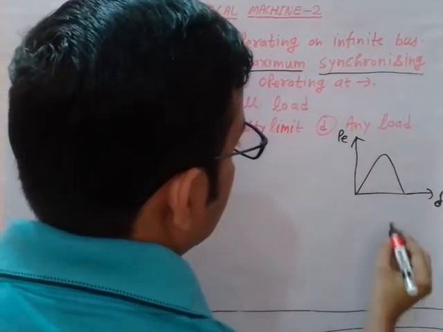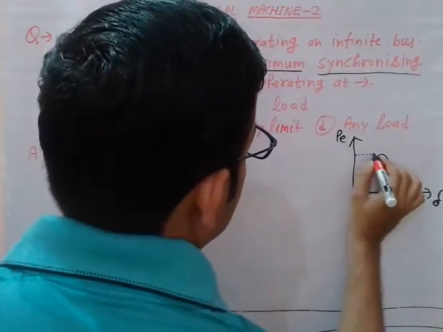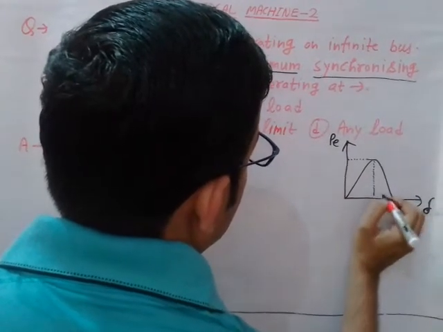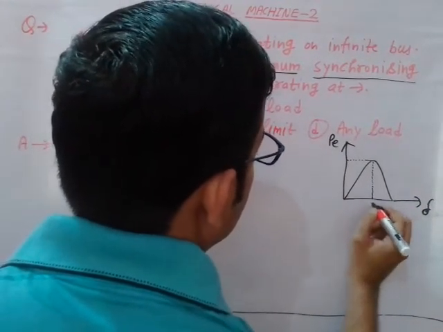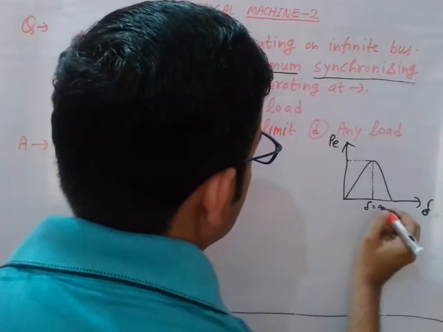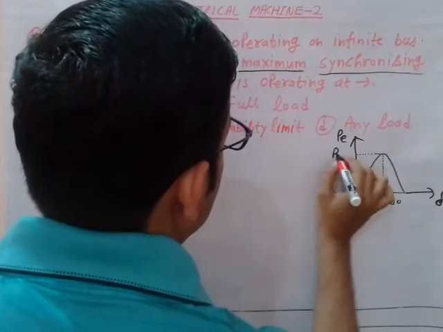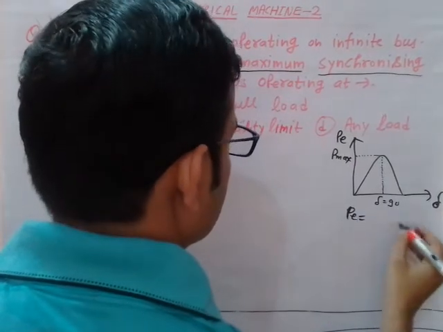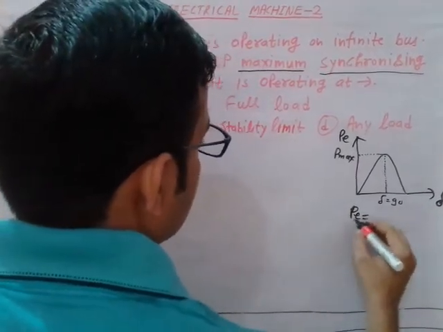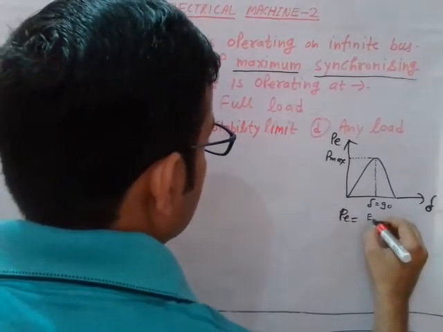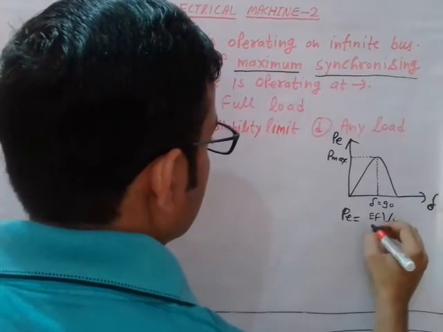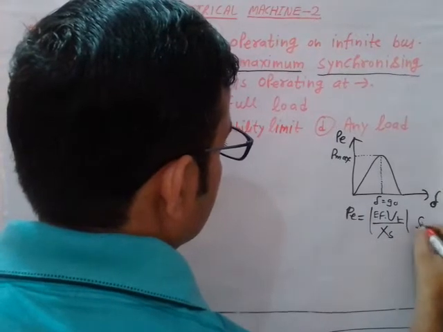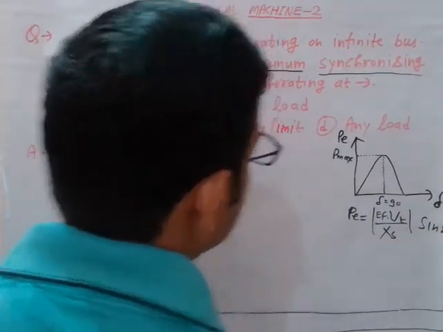And this is my power angle characteristic. If it is a synchronous generator, it will deliver the maximum power at delta equal to 90 degrees. You will get P max, maximum power. P is electrical power. For an alternator, electrical power output P is equal to EF Vt by Xs into sine delta, right?